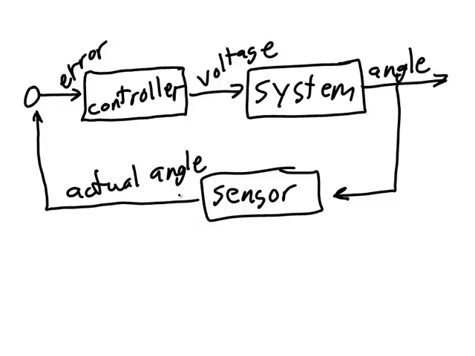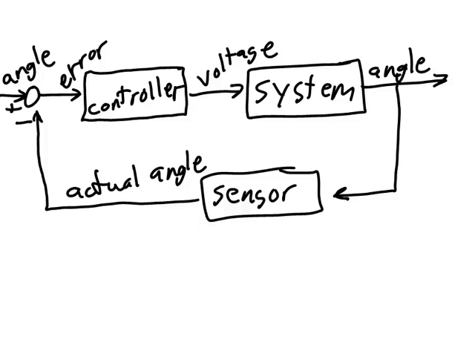We could take the voltage produced by the sensor and do a calculation on that in order to get it back into degrees. Then our input to this system can be an angle. We subtract the actual angle from our input angle in order to get error, the difference between the angle that we want and the actual angle that the pendulum is at right now.